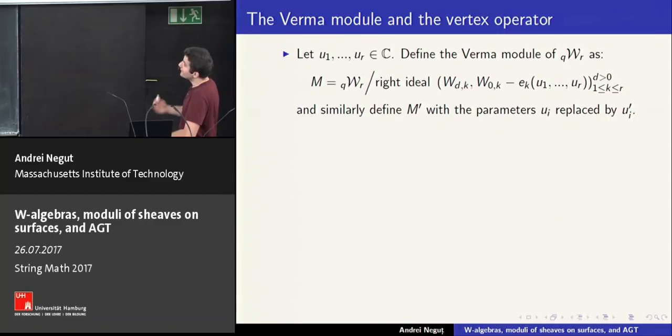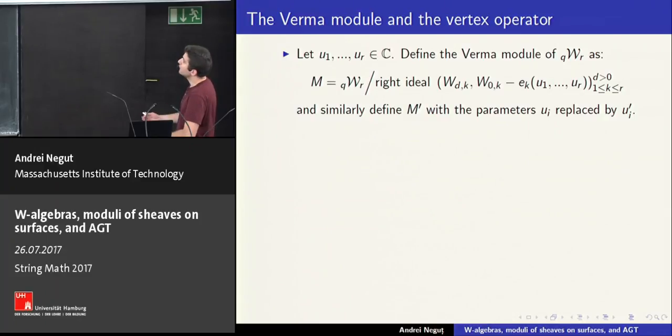So what that is saying is that the Verma module is defined by the algebra acting on the left on a vacuum vector, and that vacuum vector has the property that it's killed by the positive modes, which we expect of Verma modules, and the zero modes, W0K, act on the vacuum with eigenvalue, which is this expression in the highest weight parameters.